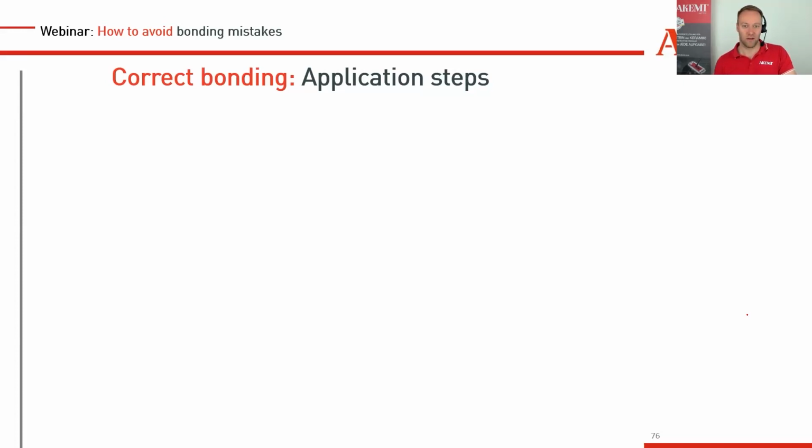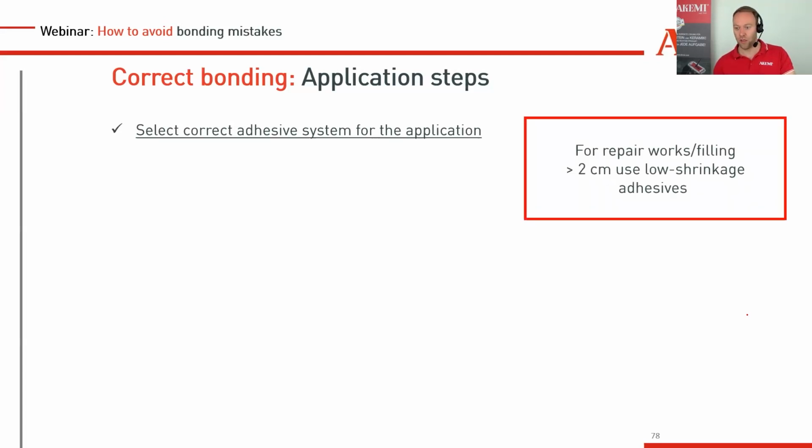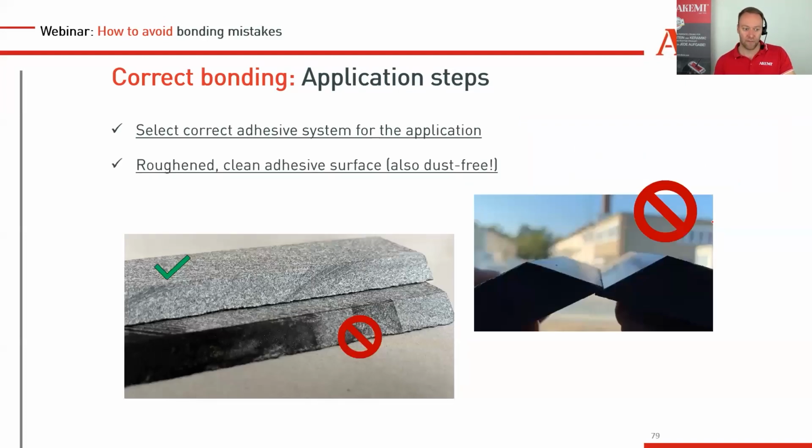Just to go again through the steps which are important. Select the correct adhesive system for the right application, interior, exterior, rigid, flexible. If you do a lot of repair works, filling of large holes, use products with a low shrinkage, for example epoxy-based products. Roughen and clean the adhesive surface, also dust-free.